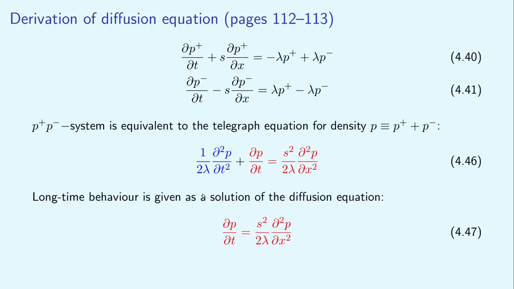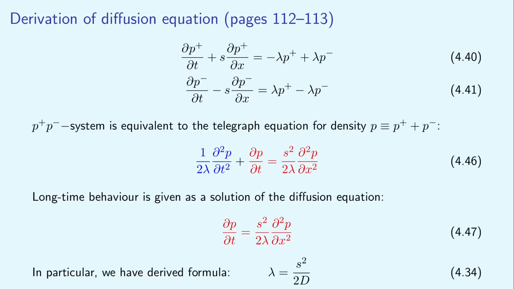Considering sufficiently long times, which are much greater than 1 over 2 lambda, we can neglect this blue term and derive the diffusion equation in this form. In particular, the diffusion constant is s squared divided by 2 lambda. Solving for lambda, we obtain formula 34, which we have used in our simulations.